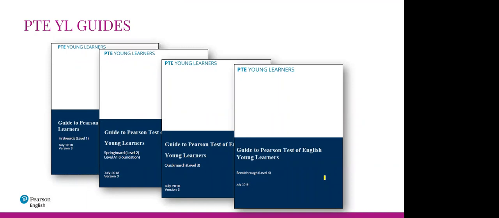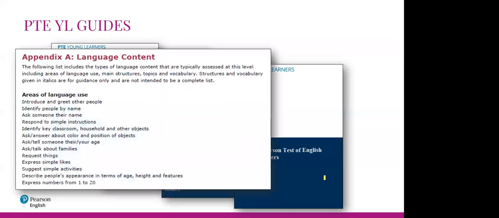These guides will be included in the goodie bags after the series of webinars. You can also download them from the PTE Young Learners website. Why are they so important? Because there you will find this language content document that I mentioned.